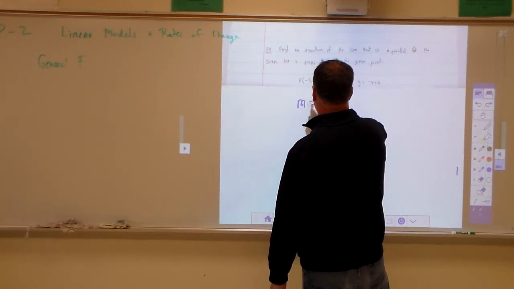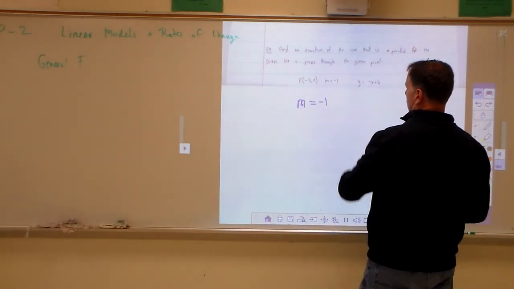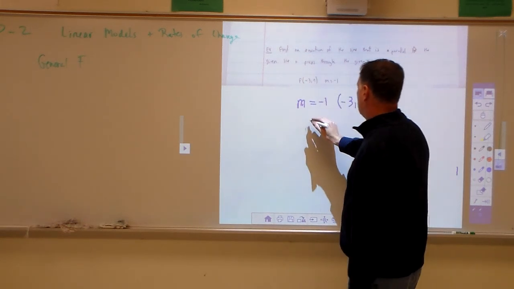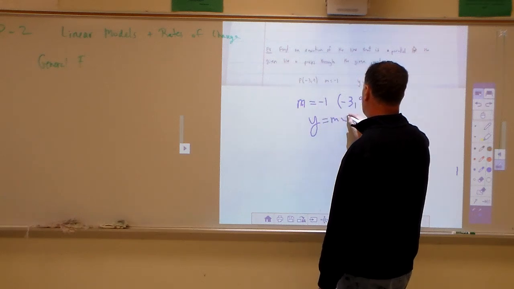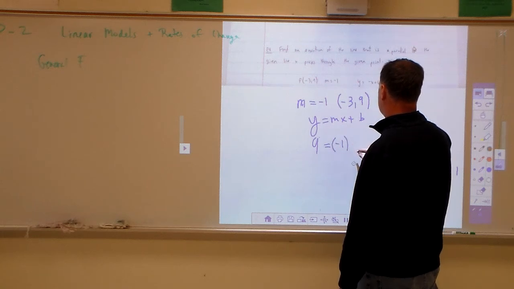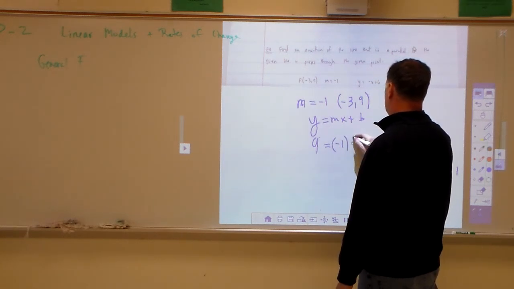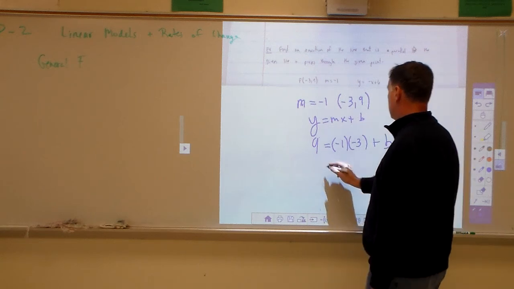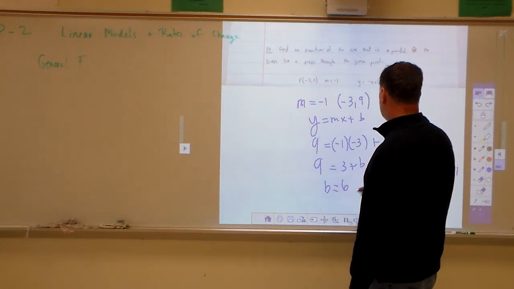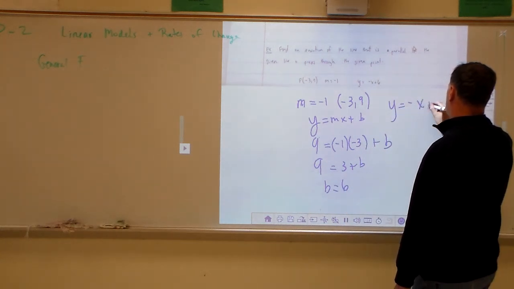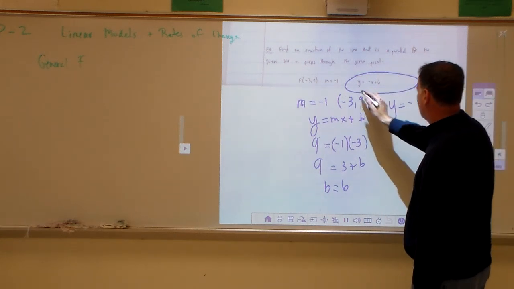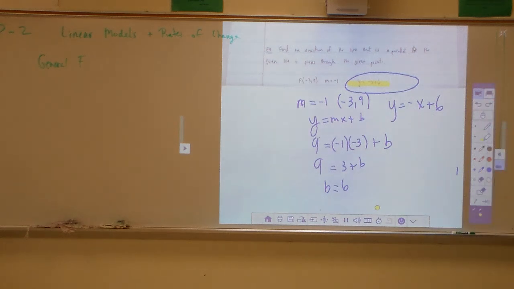So my slope is still -1, and it passes through that point, -3, 9. This time we'll do y equals mx plus b. 9 equals -1 times -3 plus b. 9 equals 3 plus b. b is 6. y equals -x plus 6.